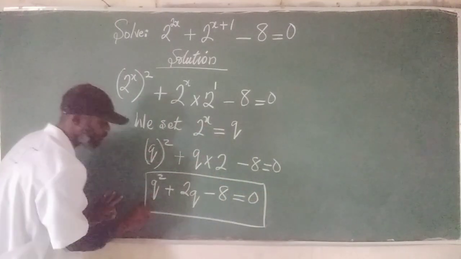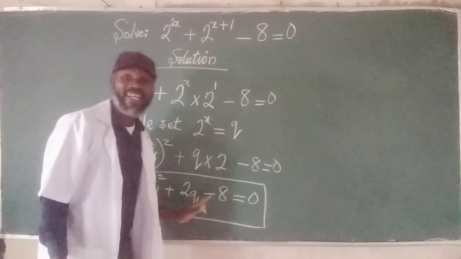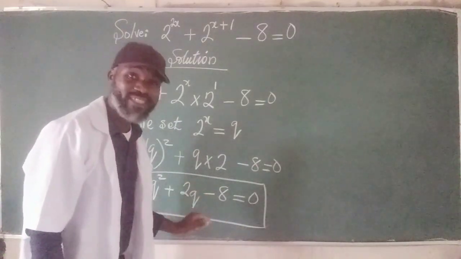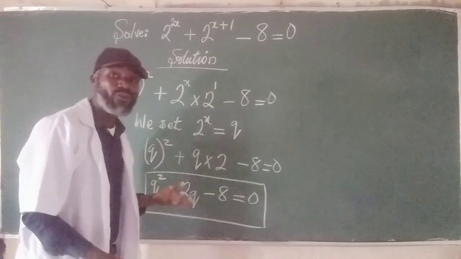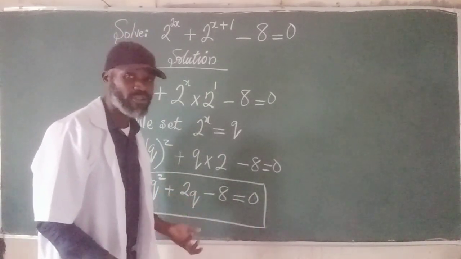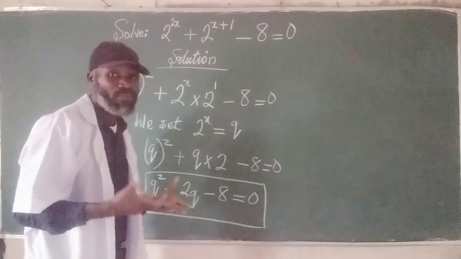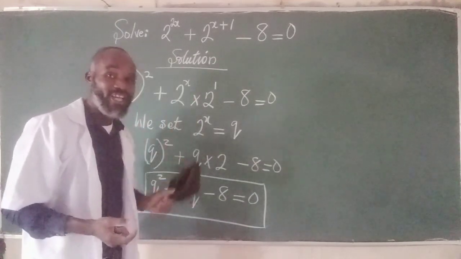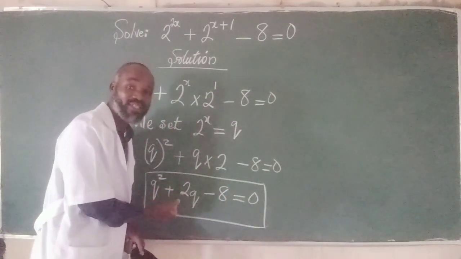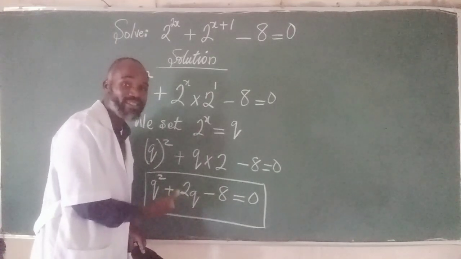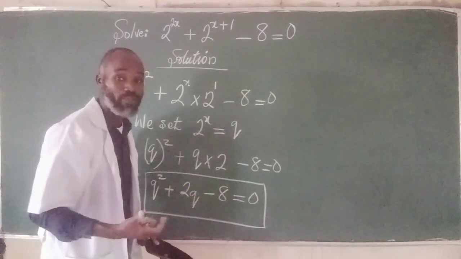We have succeeded in generating a quadratic equation which can be solved using the factorization method. It doesn't mean we cannot use other methods, but I'm using factorization because it's quite easier than the rest of the other methods.